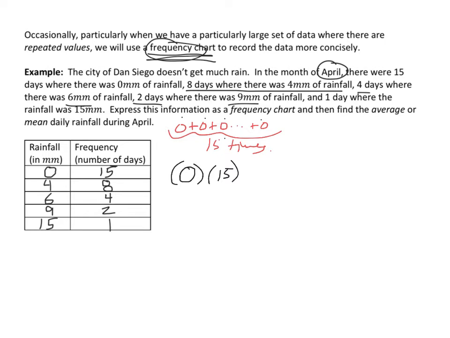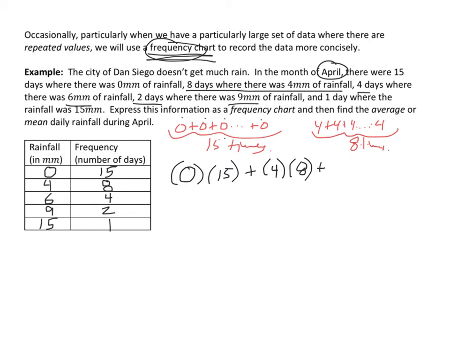And then instead of writing 4 plus 4 plus 4 plus dot dot dot plus 4 all that out, I can just write, there was 4 rainfall 8 times. Remember that, by definition, 4 plus 4 plus 4 plus 4 plus 4 plus 4, 8 times, is the same as 4 times 8. That's literally what multiplication means, right?